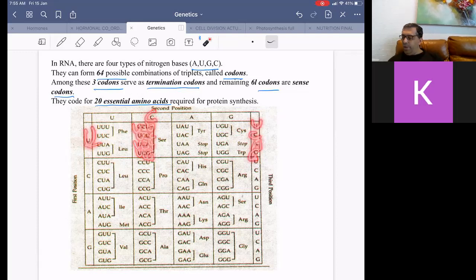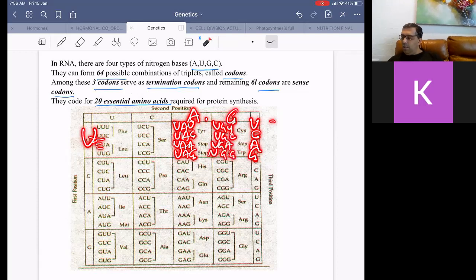And then you have UA series. UAU, UAC, UAA, UAG. Similarly, G series, UGU, UGC, UGA, and UGG.